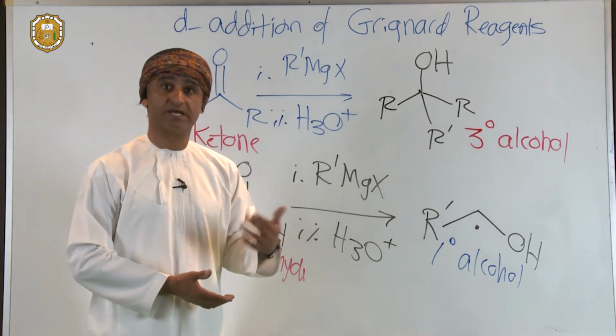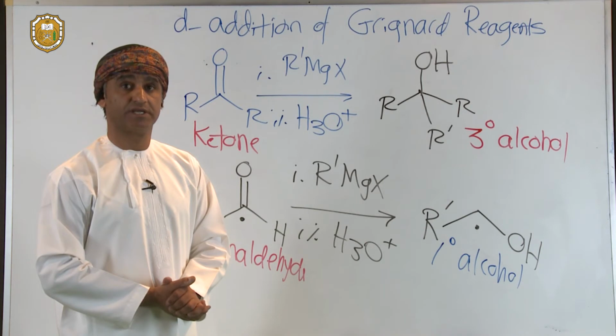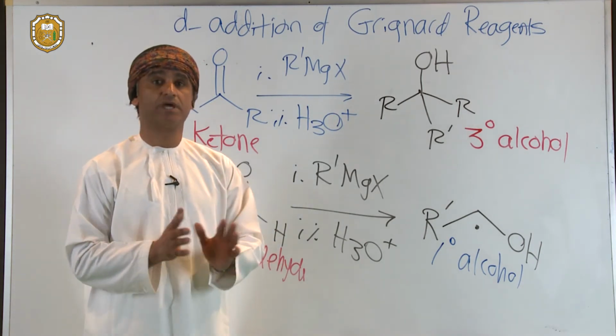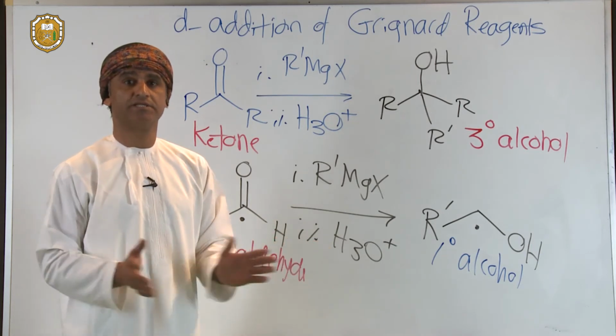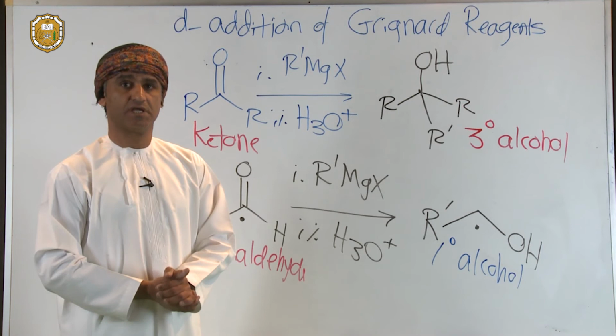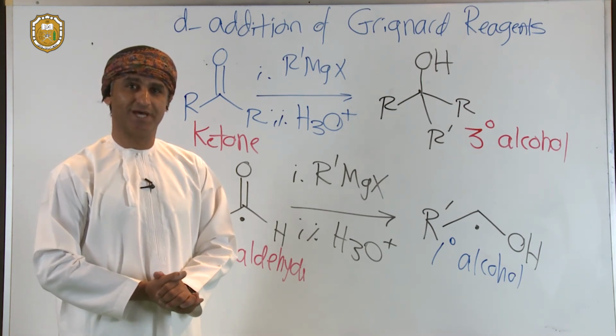We've seen before that Grignards also react with aldehydes to give the corresponding secondary alcohol. Therefore, in conclusion, we can actually make all types of alcohols using Grignard chemistry, utilizing nucleophilic addition reactions of Grignards on carbonyl compounds.